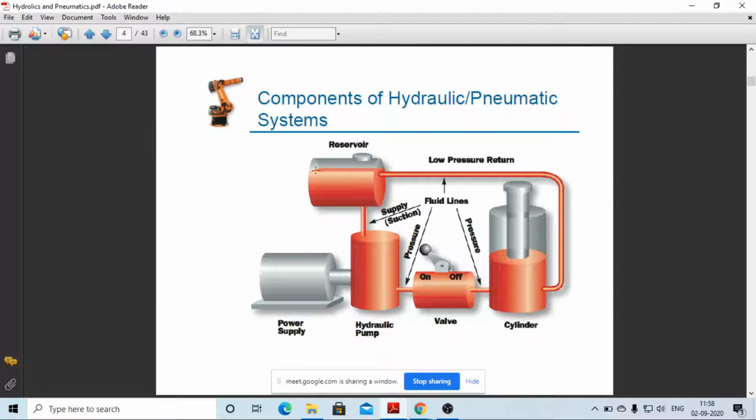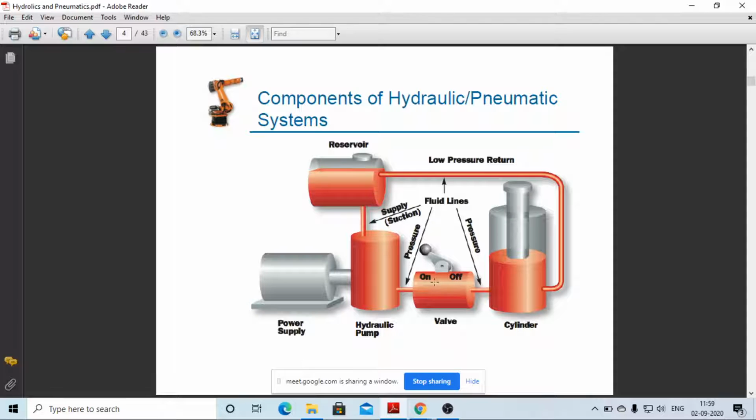So there is one reservoir and one motor and hydraulic pump in this system. The key component of this hydraulic system is called the valve. This is your valve, and it is not this simple type of valve, because this valve is manually operated, but a number of valves we can use, and at this place we use the directional valve, because we have different valves available in mechanical engineering.